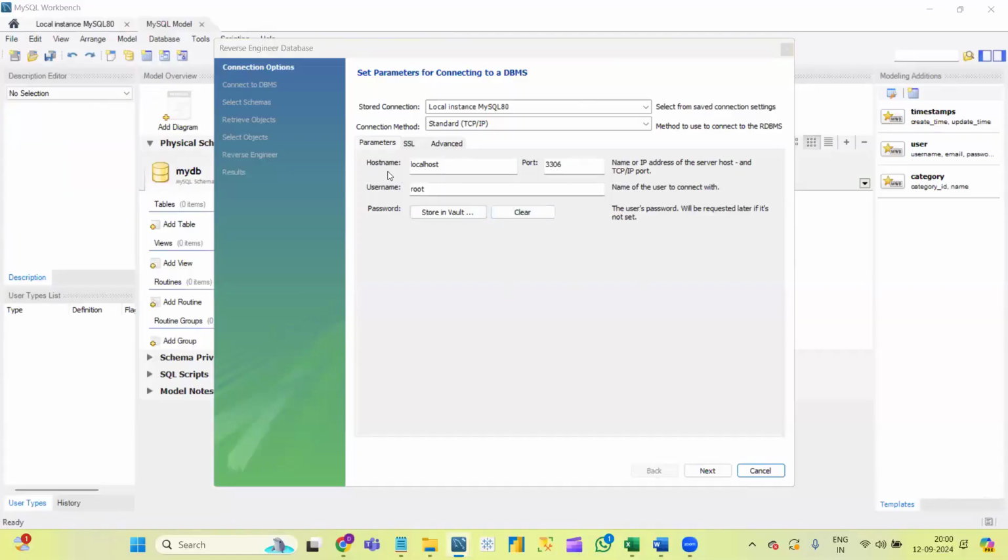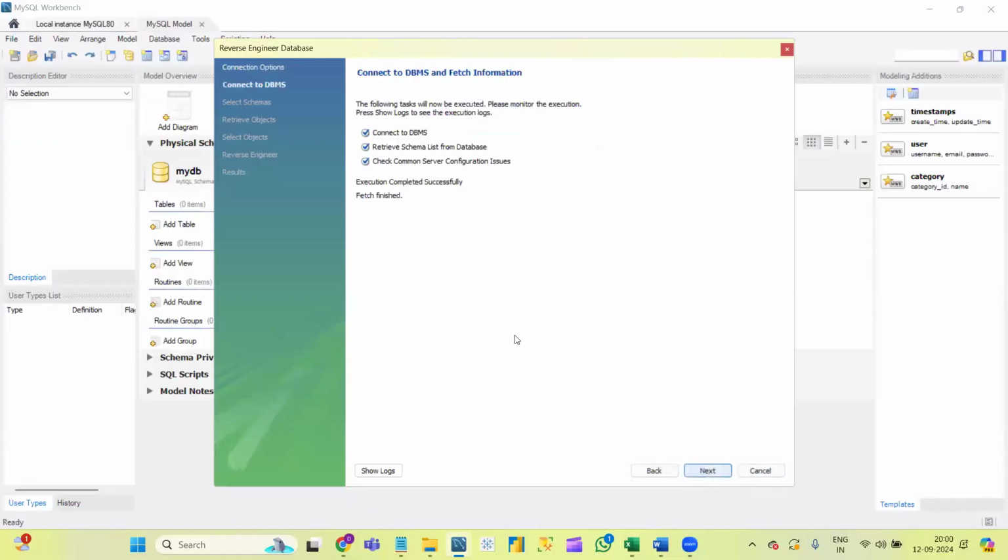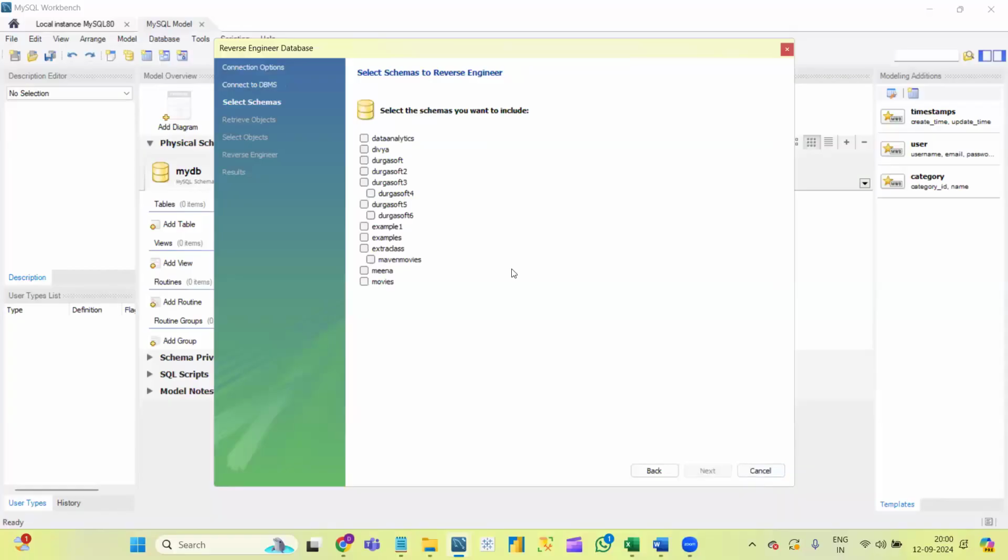Here basically all our details, like the connection, the host name, port, usernames, every detail will be there. No need of making any changes in it. Directly we need to click on next. Here click on next again. Again I will show you this tomorrow also, but for now I'm just showing you.